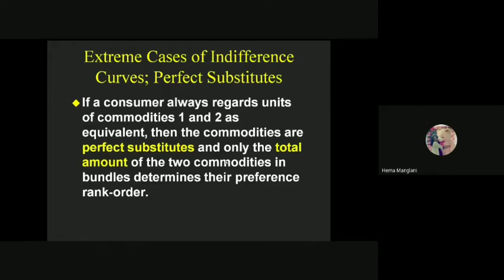Now, we all know what perfect substitutes are: just a parallel, downward sloping line following a slope of -1 here. And this shows the straight line indifference curve. We have the two commodities, and these are perfect substitutes to each other, so the total amount of these two commodities would be substituted completely.